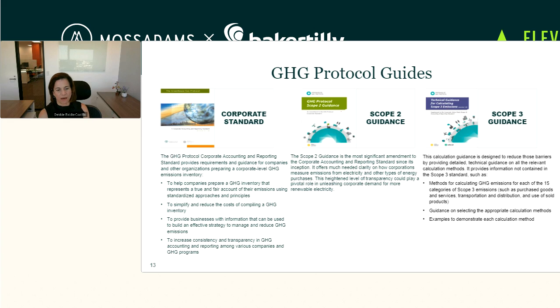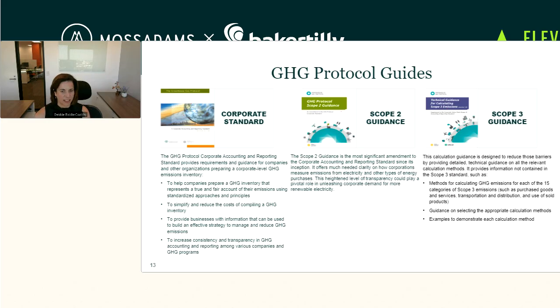So it focuses on consistency and comparability using standardized methods. Key objectives include ensuring a true and fair amount of emissions, reducing the burden of reporting through standardization, providing decision useful data for strategy and reduction planning, and increasing transparency across programs and companies.